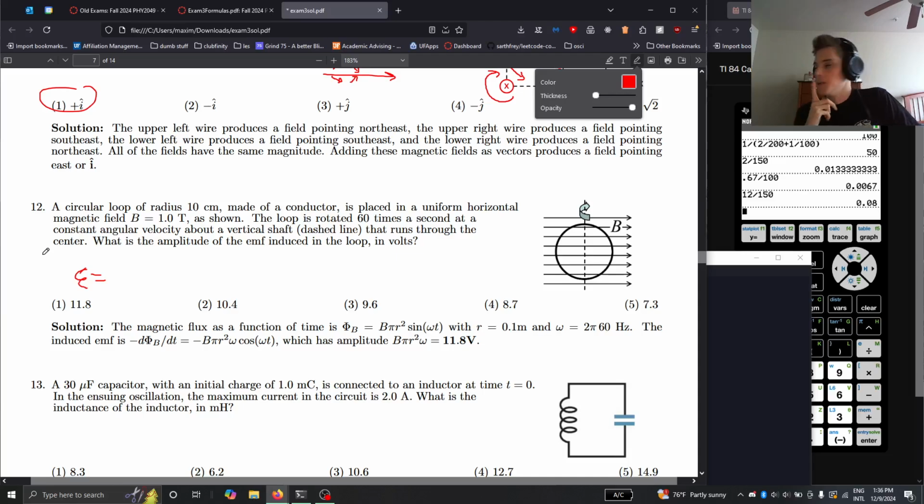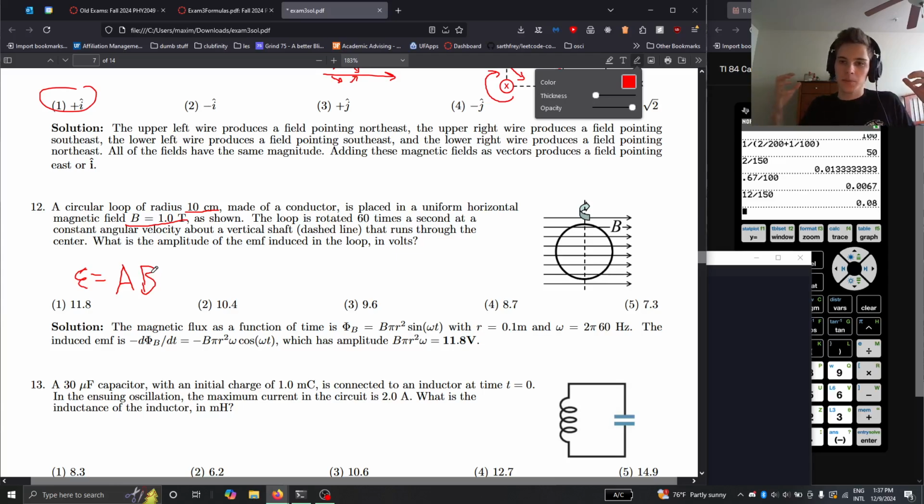What I basically say is, is there a change in area? The loop is a constant radius 10, so I just put A. If there was a change in area, I would put dA, or the change, but since it's not changing, I just put A. Then I ask myself, is the magnetic field changing? No, it's not, so we'll just put B. Again, if the magnetic field was changing instead of the area, you'd have A times dB, right? You'd put the derivative of the magnetic field instead.